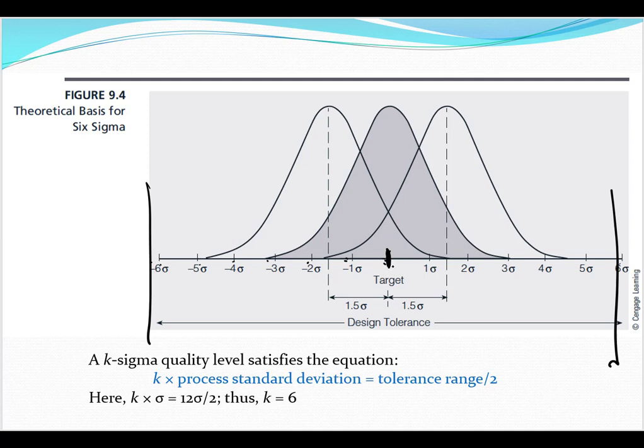And so when you have this situation, the standard rule is to allow 1.5 standard deviations for shift or for adjustment within the process.